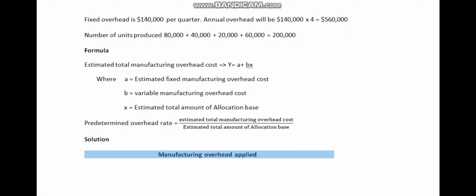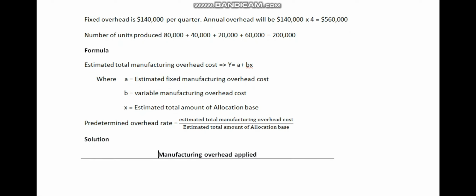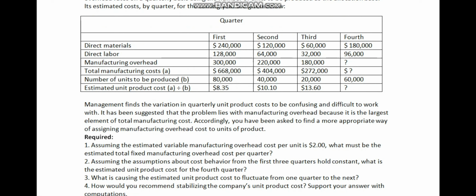Estimated total manufacturing cost. The first thing we'll be needing is the fixed cost. For fixed, we're going to use the annual amount, not the quarterly: $560,000. The next is variable. Variable is $2. It was mentioned in the question, right here in requirement number 1.